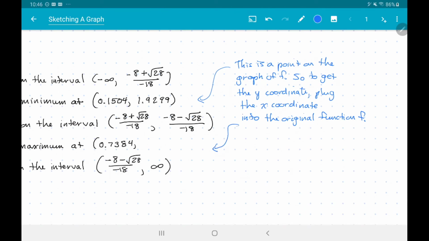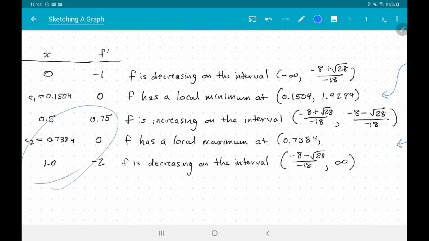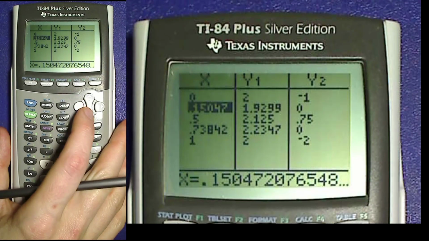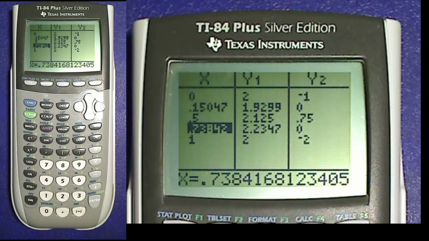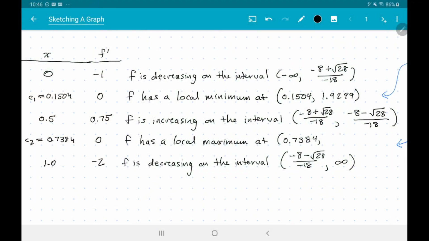So to get the y-coordinate, plug the x-coordinate into the original function f. So once again, none of these numbers is what we're looking for. If I go back to my calculator, there's C2, 0.7384. There's the y-coordinate. So that is 2.2347.